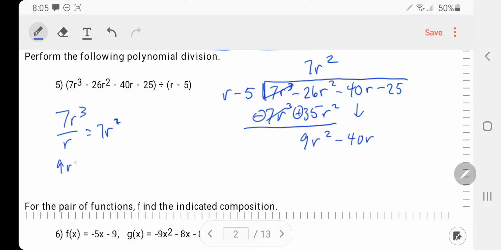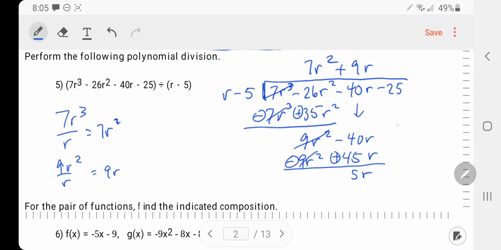Now we're going to do 9r squared divided by r, and that is the second term of the quotient, 9r. And then the 9r needs to distribute just like the 7r squared did. 9r times r makes a 9r squared. 9r times -5, -45r. Draw the line, change the sign, and then combine. Gives me a 5r, and the minus 25 comes down.